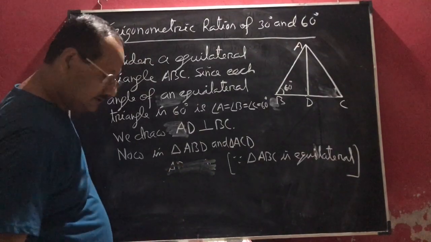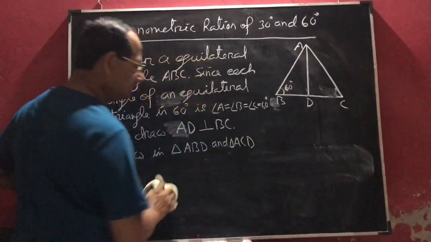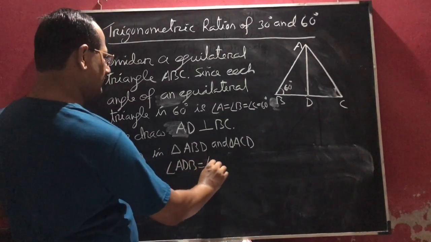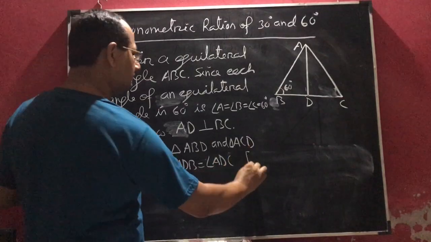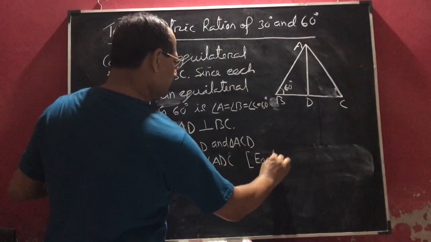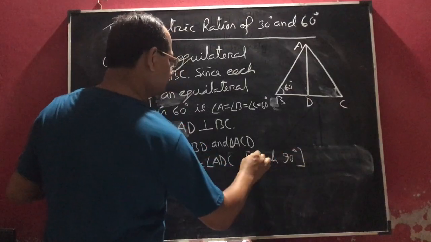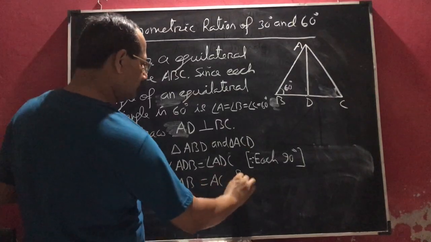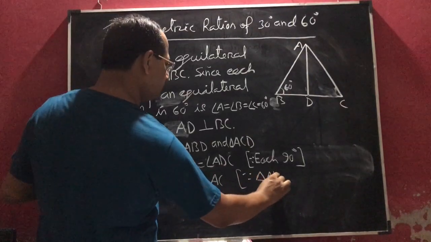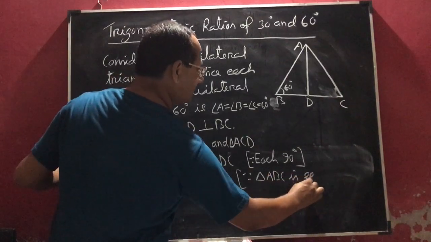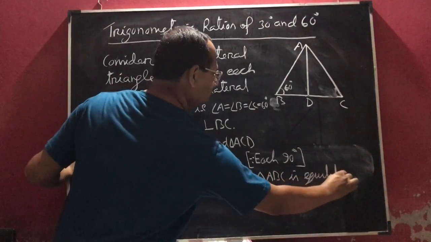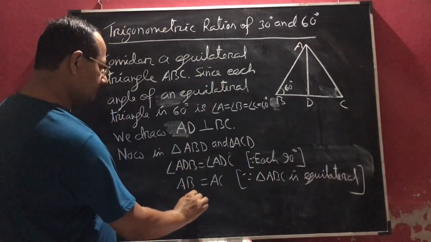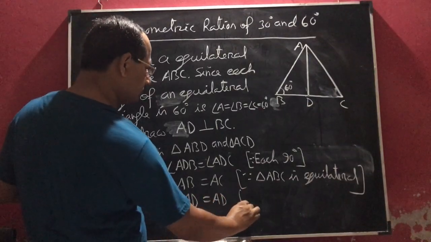Angle ADB equal to angle ADC, each 90 degree. AB equal to AC, since triangle ABC is equilateral. AD equal to AD, common side.